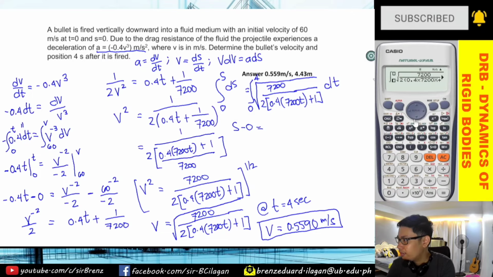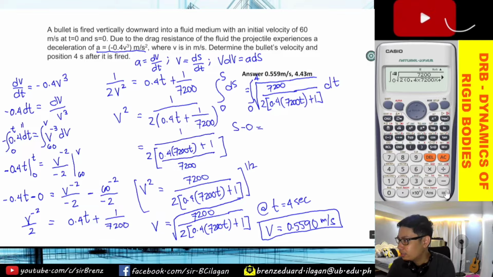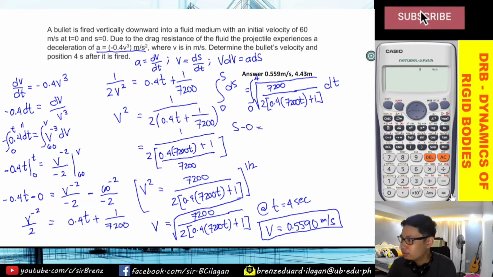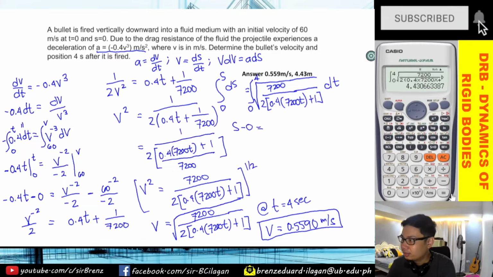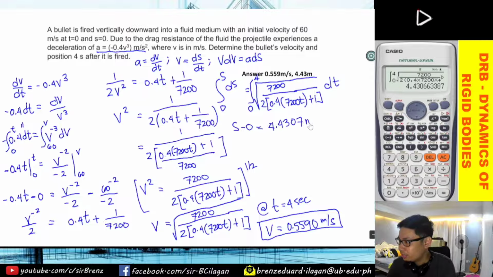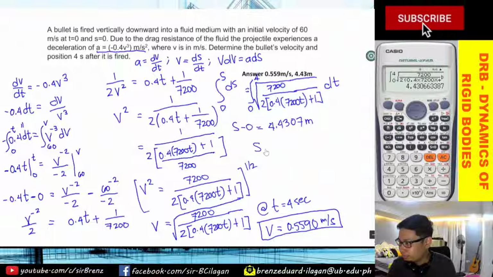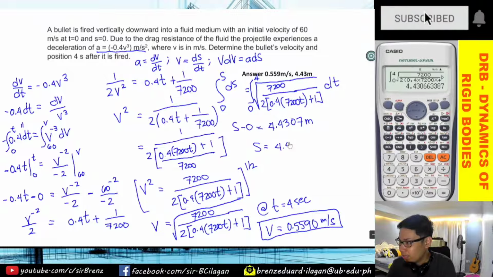So, ang limits niya, ito, lower limit is 0, and then upper limit is 4. So, medyo matagal lang to. At, ayan. So, lumabas naman, 4.4307 meters. Okay. So, pwede mo na i-cancel yung 0.